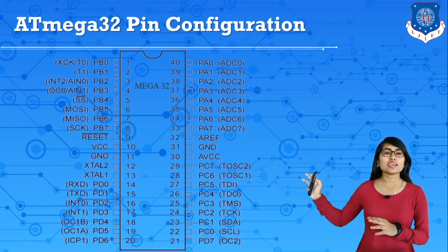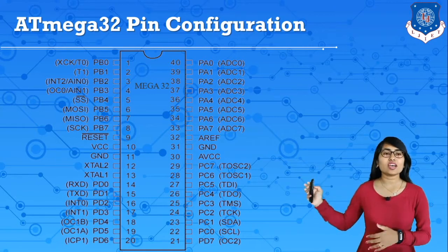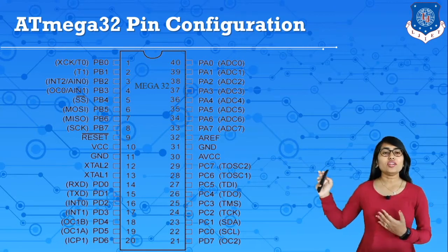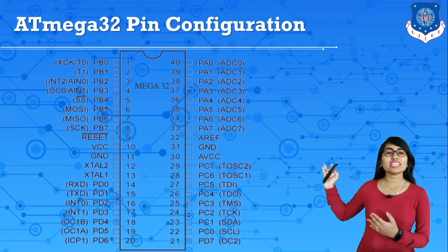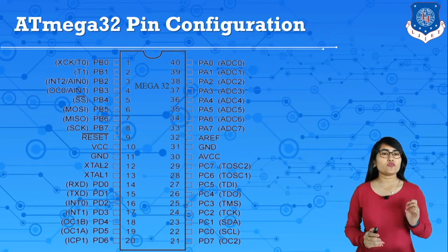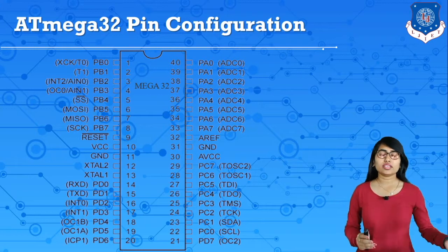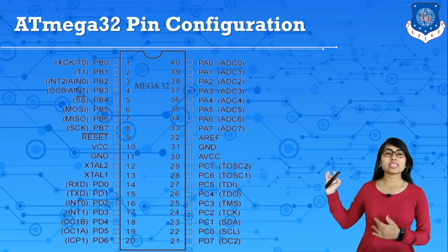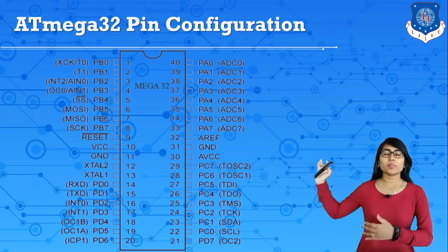These ports are basically with alternate functions, and the remaining pins are for power supply and reset purposes. Each and every pin has some specific function depending on which pin we connect our devices to for a specific application.